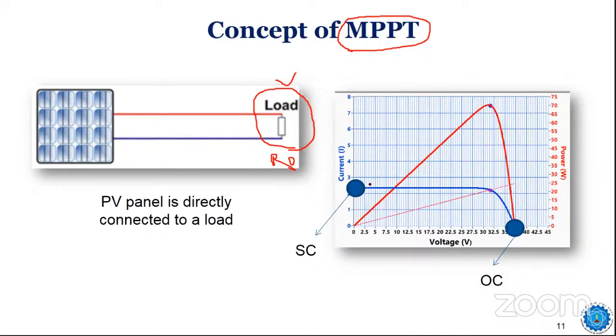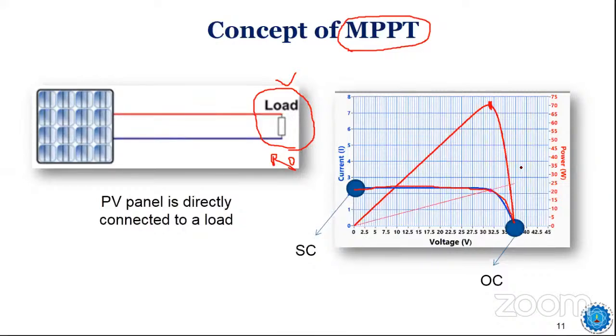As we all know, this is the IV curve, the blue color curve, and the red color one is the PV curve, the power versus voltage curve. You can see that this point somewhere here is the maximum power point. But as we have connected some load, based upon the load there will be a load line.